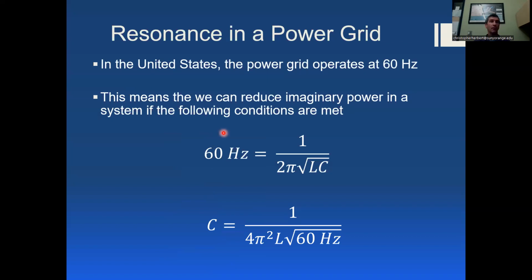So let's take a look at a typical AC source, plugged into the grid. It's operating at 60 hertz. Basically, if we want to balance our inductive load, let's say we're running a lot of air conditioners or large electric motors, the capacitance that we need is going to be equal to 1 over 4 pi squared f squared L. This 4 pi squared comes from the fact that we've converted omega into 2 pi times the frequency.